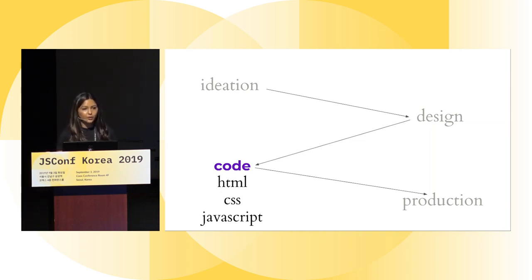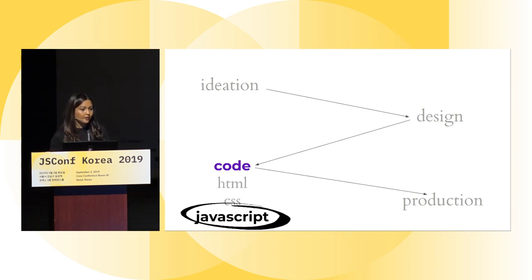We write and maintain our components in HTML, CSS, and JavaScript. And it turns out that in our JavaScript, we are able to maintain a lot of opinions, rules, and documentation around our designs. And at Twitch, we're able to do that by using React.js and TypeScript.